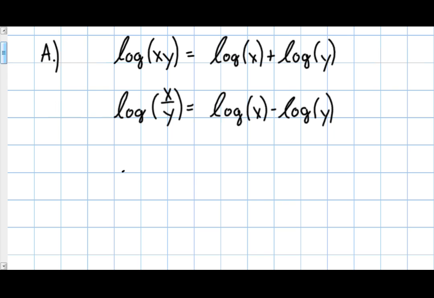All right, now the last, but most definitely not least, this is probably the most useful one. If I have log of x to the power of r, that allows me to bring this r out front.